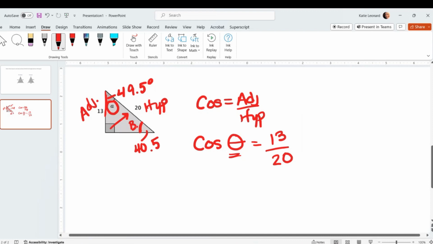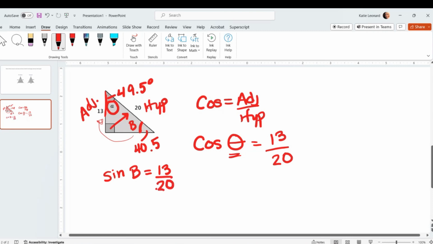If I'm looking for angle B, I have the opposite side here, right? So that is going to be a sine function. Sine of B is going to equal 13 over 20.